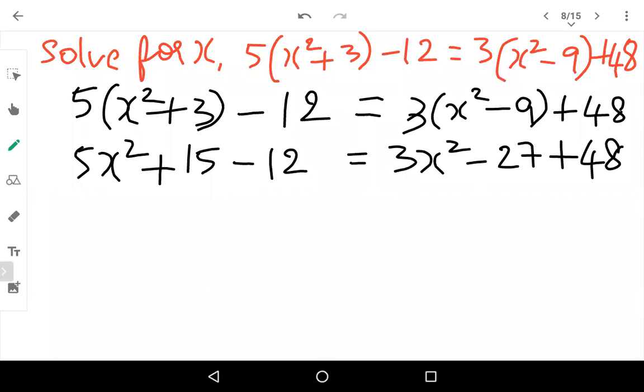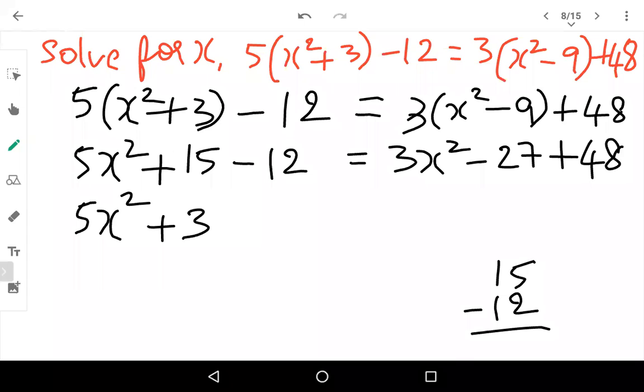Good. Now let us simplify it further. 5x square, I'll write it down as it is. Now after this you have 15 minus 12, which is going to be plus 3, correct?